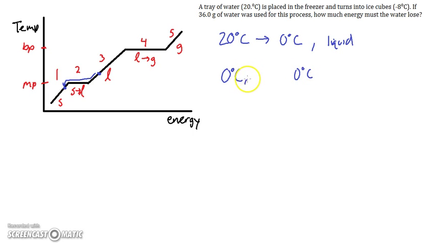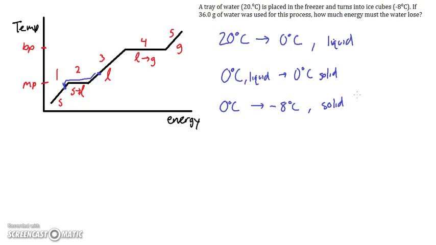But at the beginning it's liquid, and at the end it's going to be solid instead. Finally, we're going to take that 0 degree solid and cool it further to -8 degrees Celsius. And again, that's talking about our solid state of matter here.